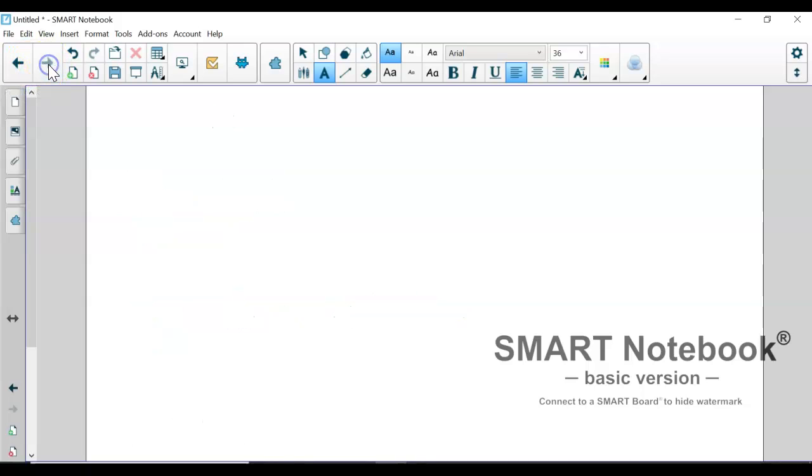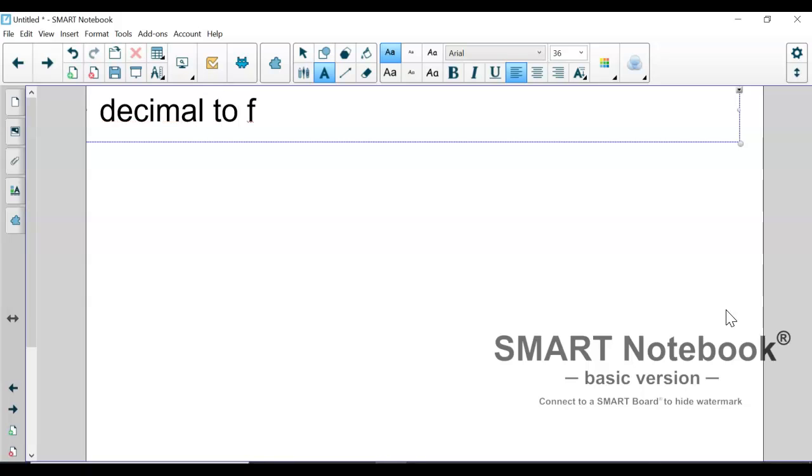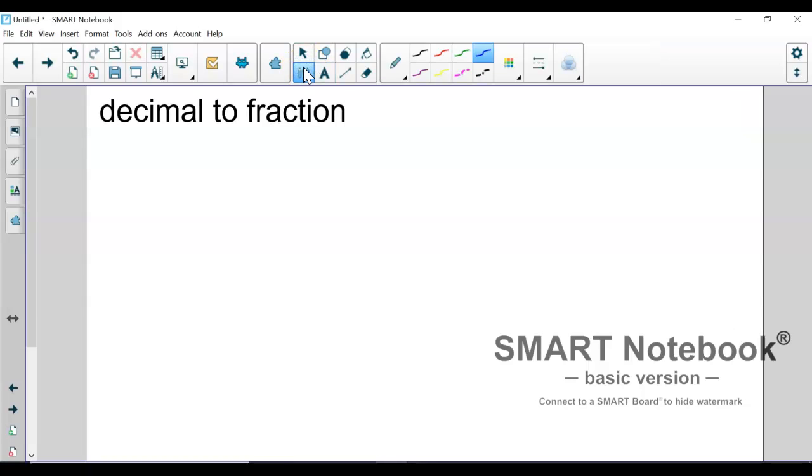Decimal to fraction, we also need to be able to do, so for a decimal to a fraction, we are just going to use the structure of numbers that we have.